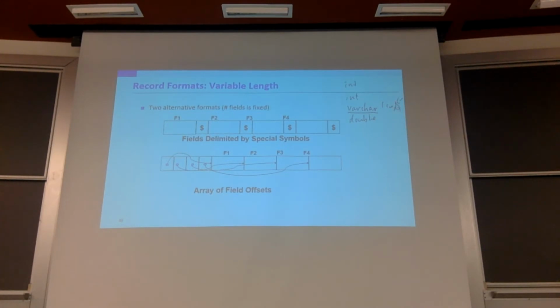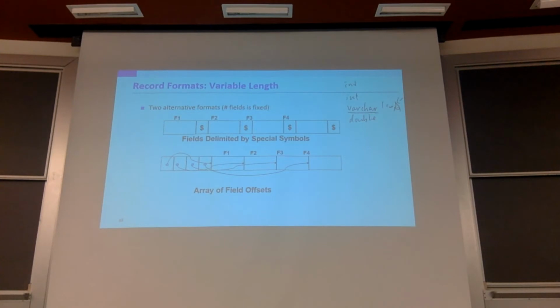If most values in this field are only 10 bytes in length, but maybe 1 or 2 of them are near 1,000 bytes, then you're wasting 990 bytes for most of the records. So that's not going to work in a general database.